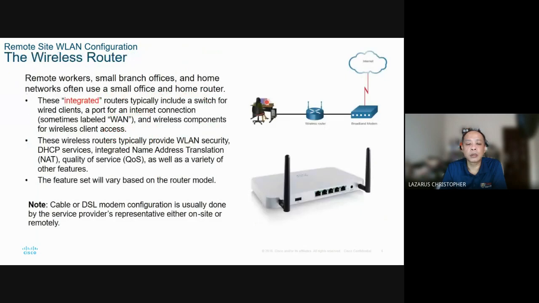So in these early few slides, we are actually looking at autonomous APs. That means they are independent. This is typically how you deploy for a small office or home office or your home environment.